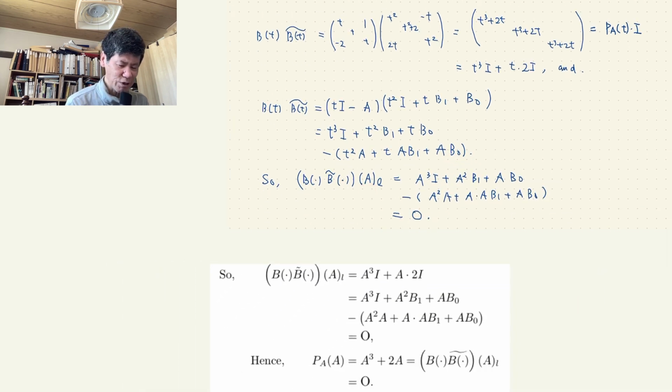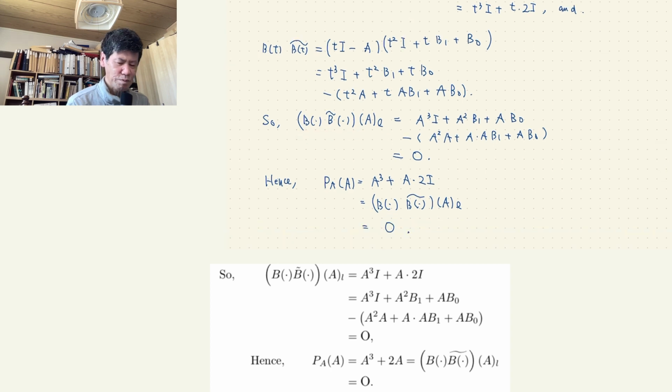So substituting A for t from the left, we have A cubed minus A squared times A, which is equal to 0, and A squared times B1 minus A times B1, which is equal to 0, and A B0 minus A B0, which is equal to 0. So this is equal to the 0 matrix. P of A is equal to A cubed plus A times 2 times I, which is equal to the 0 matrix.